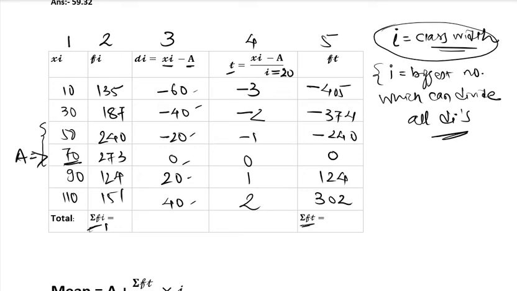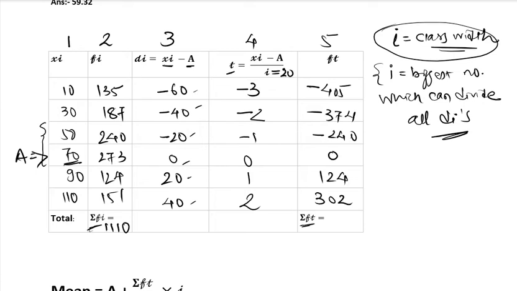1110. Okay, let's find the sum of the fifth column. Minus 405 minus 374 minus 240 plus 124 plus 302.